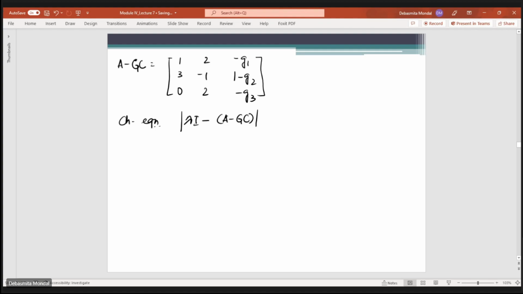Since you have to find the eigenvalues of this matrix, this is the characteristic equation. You can simply substitute the values. So the matrix lambda I minus A minus GC is equal to lambda minus 1, minus 3, 0.